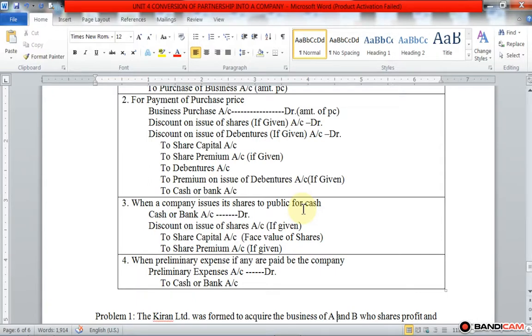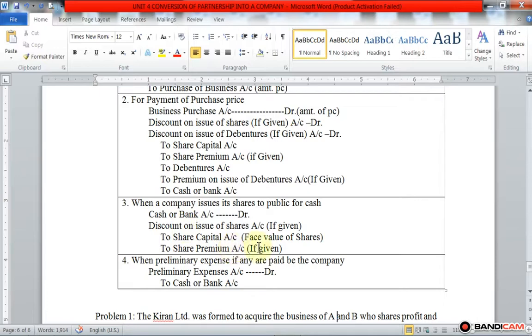Now shares are not issued at a discount; in the current situation, shares cannot be issued at a discount. Then if shares are issued at a premium, the entry will be Cash Account debit to Share Capital Account, to Share Premium Account, if given.